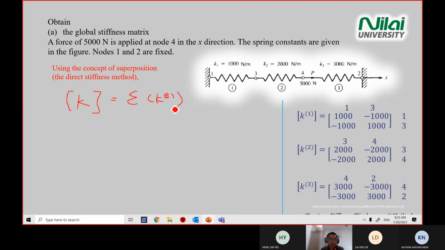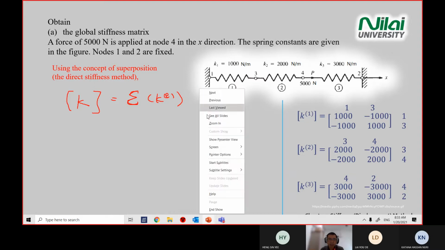This formula you saw in the previous slides. Now it is time for application of this equation. So how do you combine k 1, 2, 3? This procedure is called superimpose, which we discussed in the previous class.